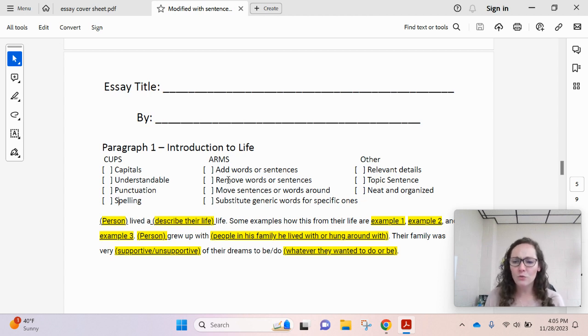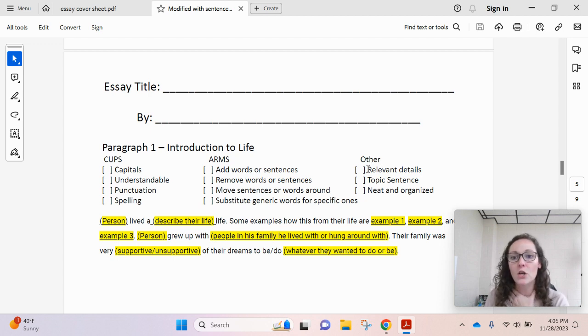Are there words that you should remove or sentences you should remove because they're not relevant or they're unimportant? Should you move a sentence or word to a different location where it makes more sense? Do I need to substitute generic words for specific words, such as the academic words that we talk about a lot when we're trying to discuss things in a more professional and formal way?